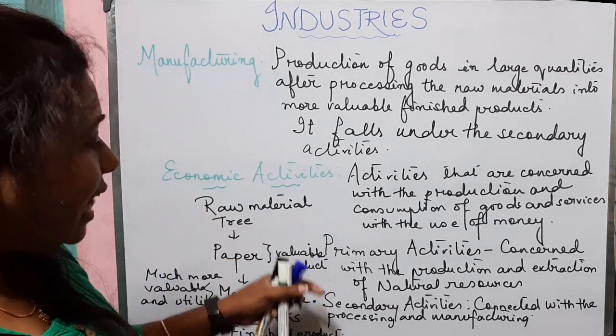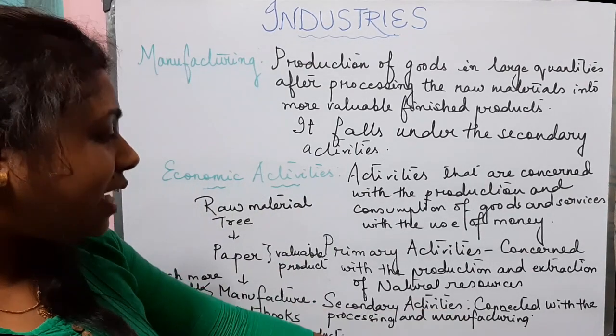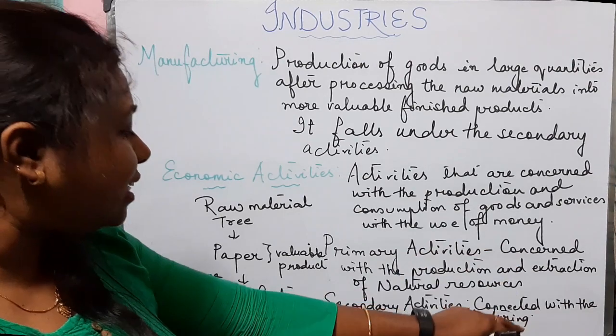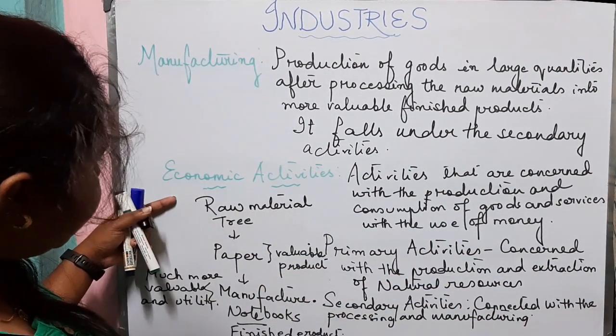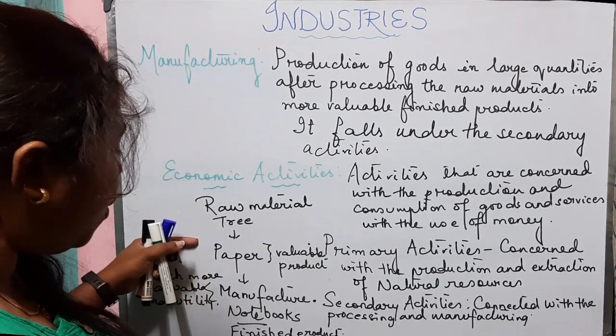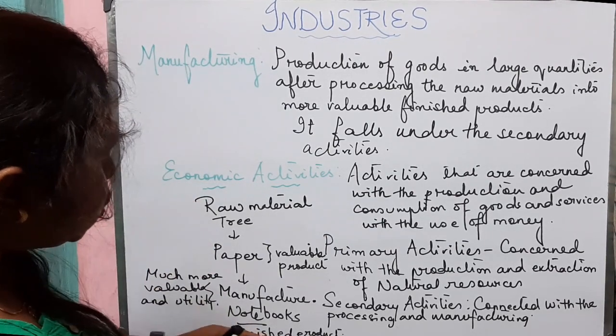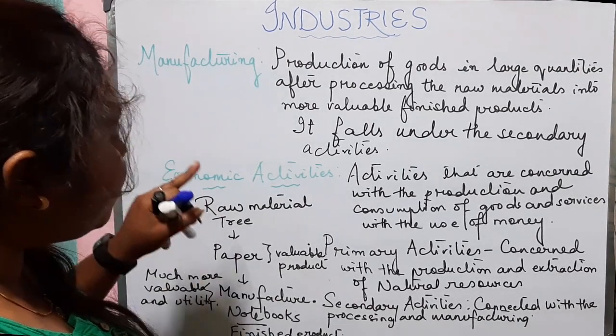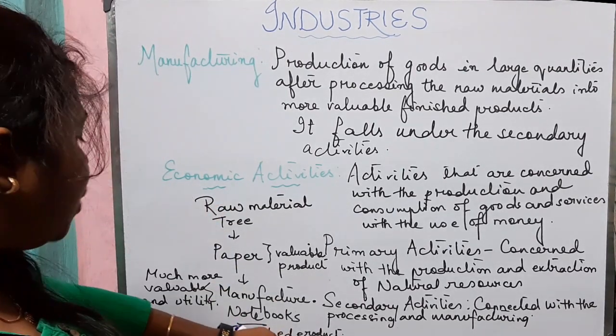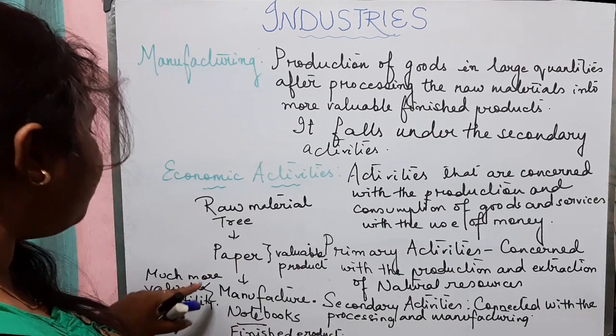So we can see that secondary activities are those activities which are connected with the processing and manufacturing. Here the raw material is processed into paper and then the paper is manufactured into the notebook. So here we can see that the raw material is processed into the finished product, which is much more valuable and has more utility.